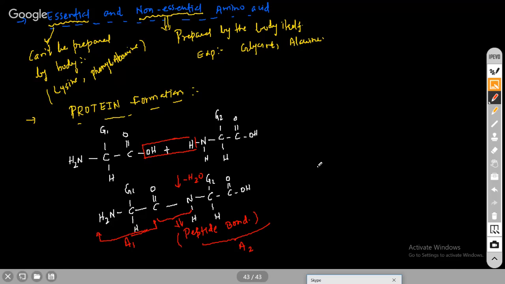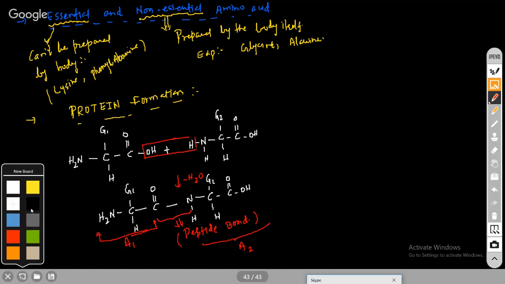So protein forms by this polypeptide linkage only. Now these peptides have one classification also that I'll write down in the next slide. You just keep this in mind. Like this, we have n number of amino acids linked by peptide bonds. We have a long chain. Understood this?